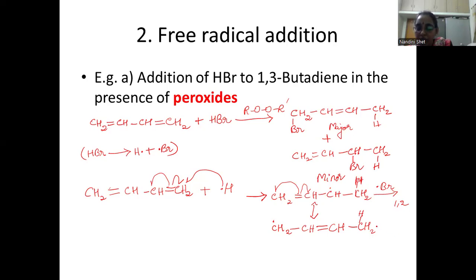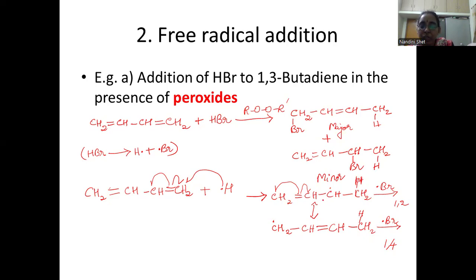Now this is the resonance structure of the carbon free radical which was originally formed. Now suppose this particular form reacts further with the bromine radical, and that would result in a 1,4 addition product. So how are these two products formed?